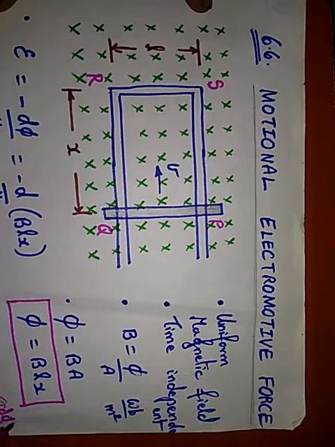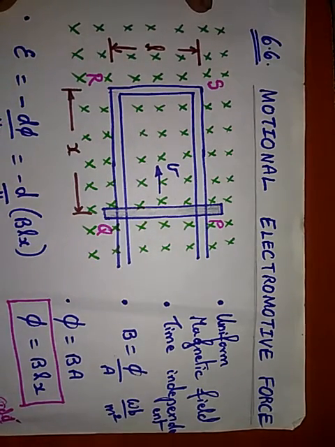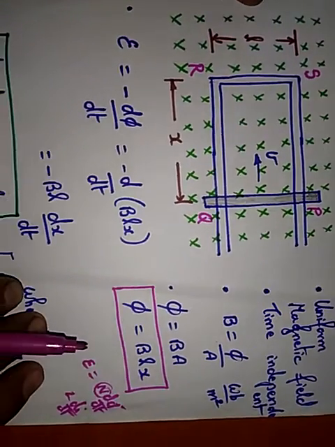The induced EMF in the rectangular coil is given by minus d phi by dt, that is minus d by dt of what is phi? BLX. You substitute here.